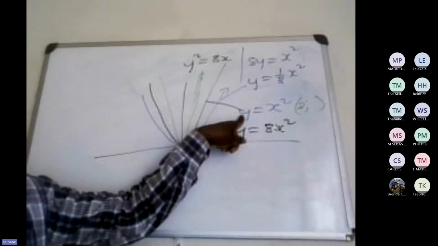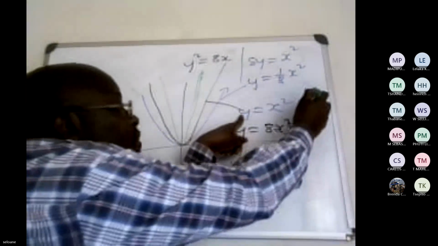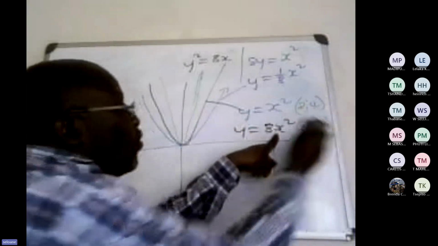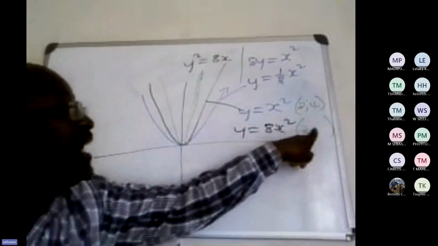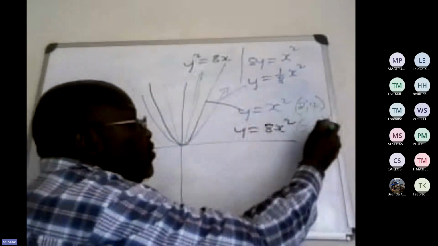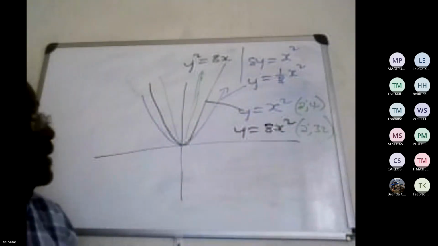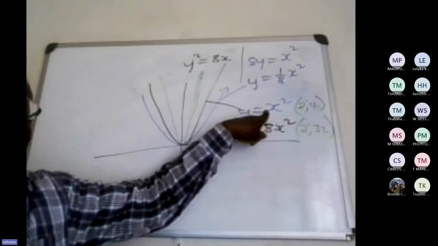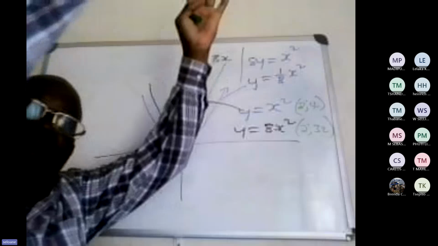If x here is 2, what is y? It will be 4. But what about this now? If x is 2, what is y? Is it bigger than this one? Yes, it's going to be bigger than this one. It's going to be 32.